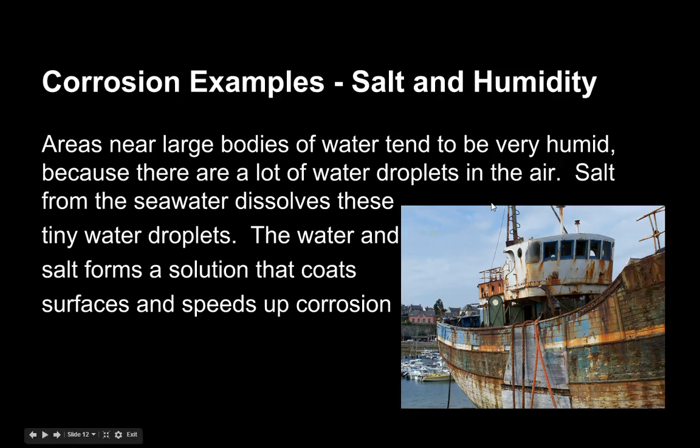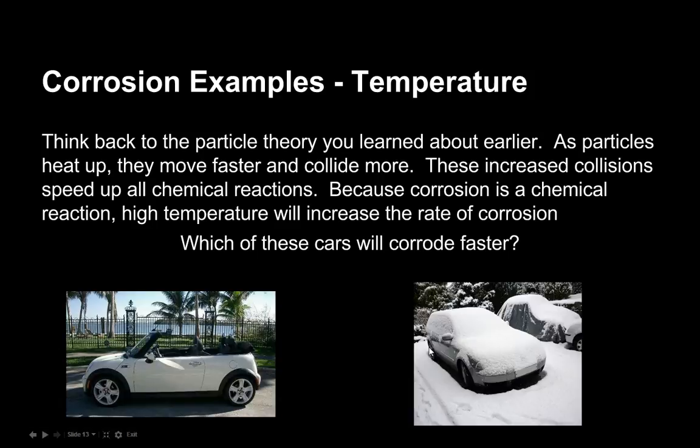If we just go back here, see the salt from the seawater dissolves with the water droplets in the air, so again, oxygen. And we look at this boat here, we can see that the water and the salt form a solution that coats the surface and speeds up the corrosion. So a lot more rust going on all over this boat here. Also think about it with your vehicle sometimes in hot areas.